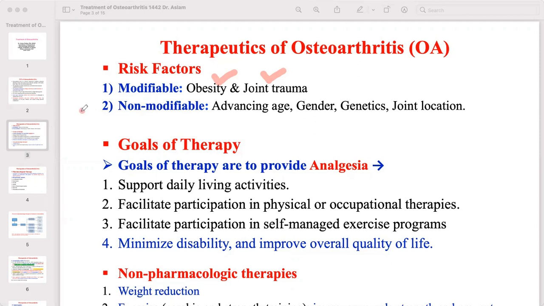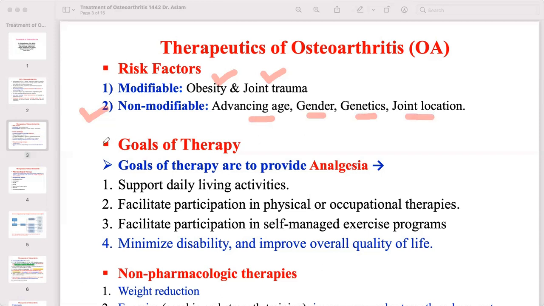In non-modifiable risk factors, as the name indicates, that cannot be modified, they include advanced age, gender, as it is seen in women most commonly, genetic region or joint locations, as there are specific joints affected by osteoarthritis.